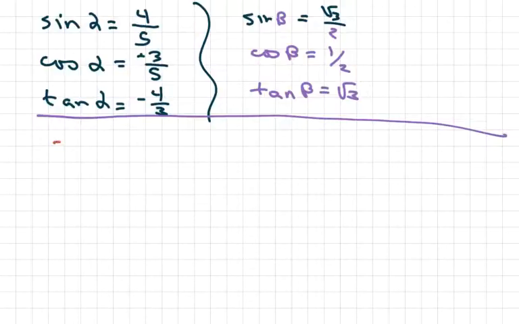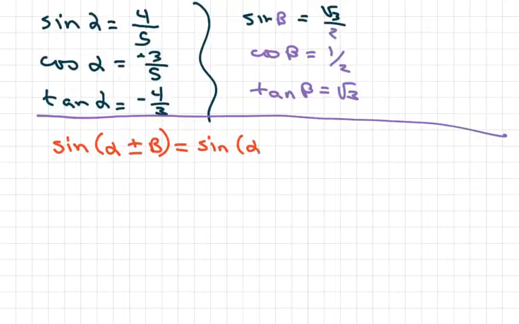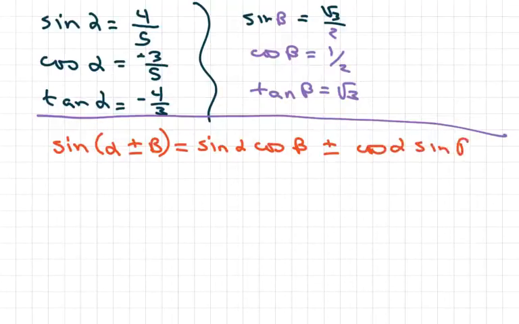So we're going to do our sine. We have to do sine of alpha plus and minus beta. So you write out the formula. You get sine of alpha, cosine of beta, plus or minus cosine of alpha, sine of beta.